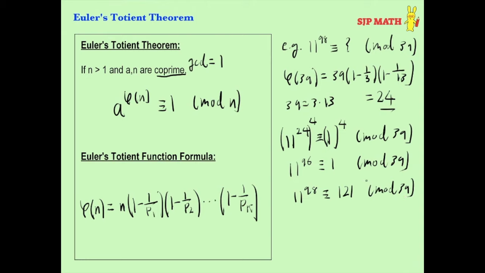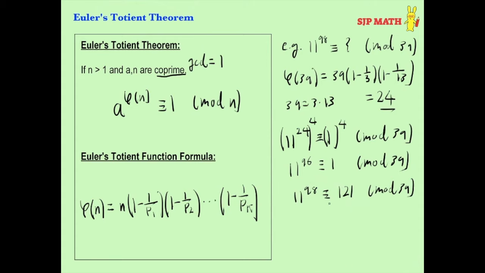And so this modulo 39, let's see. 39 times 3 is equal to 117, which means that when divided by 39, the residue will be equal to 4.